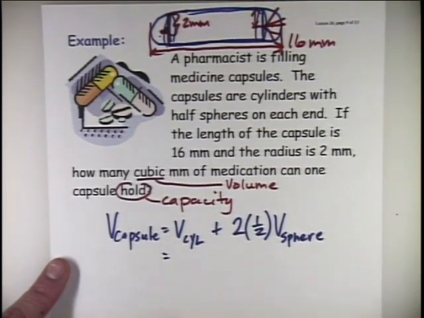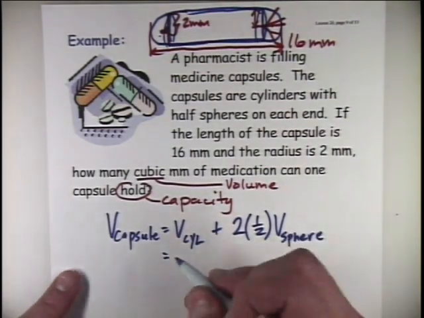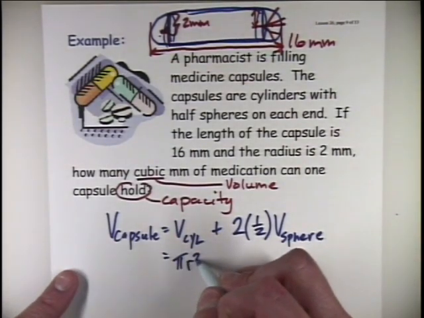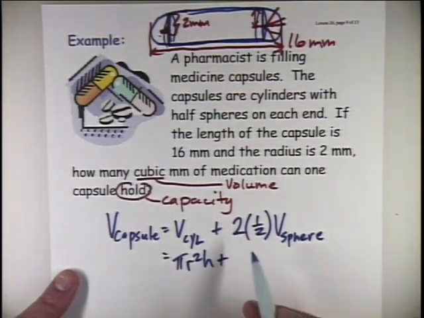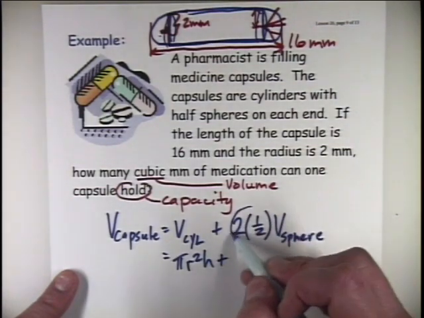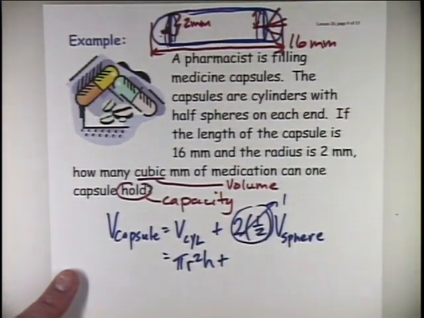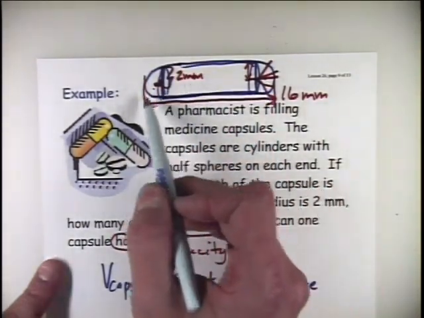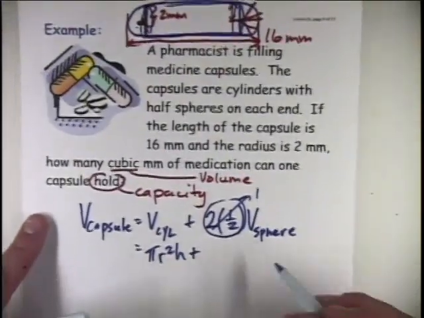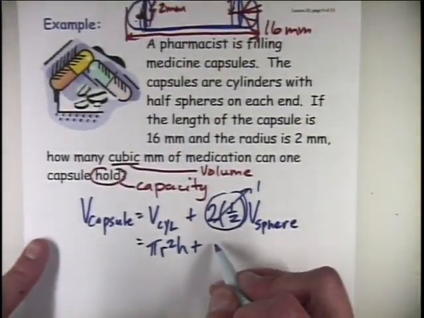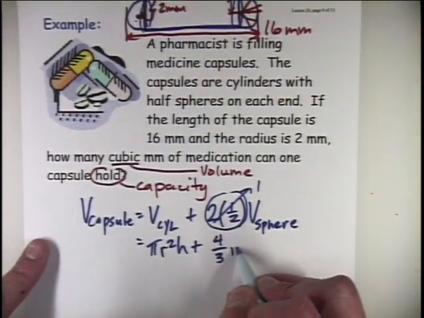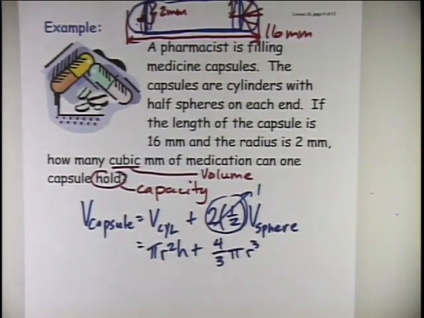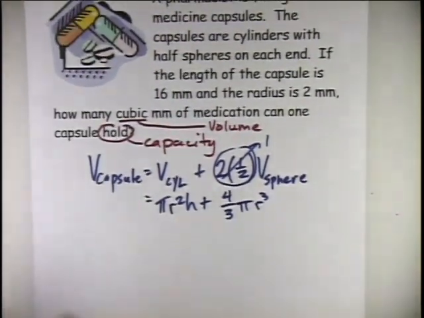The volume of a cylinder, if you remember from a previous episode or from a formula chart, is pi r squared h, plus 2 times 1/2, which just goes to 1. In other words, if I combine this hemisphere and this hemisphere together, I just have the volume of one sphere. We know that to be 4/3 pi r cubed. So now I have some specifics I can plug into.